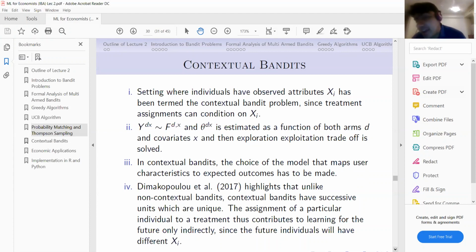They are prizes or treatments which you want to target or experiment with. So we want to allocate people to different treatment versus control groups. Sorry, the arms are not people, the arms are the treatments, but the people are the units, data points coming over time, which you have to assign to any one of the treatments.